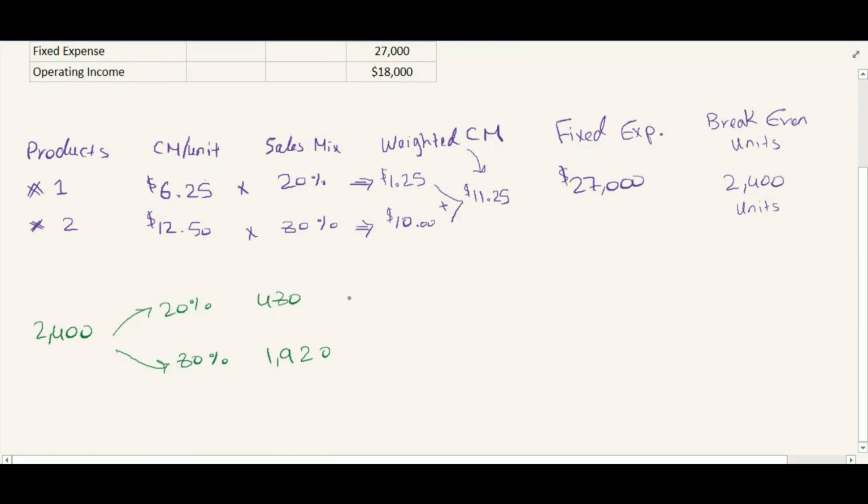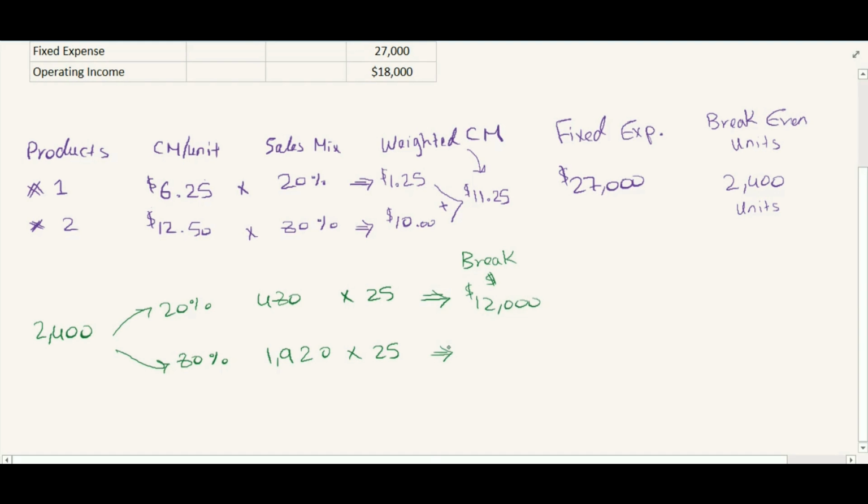So here, if you multiply by the selling price of each product, that will give us the break-even in terms of selling dollars. So 480 multiplied by 25 will give us $12,000.